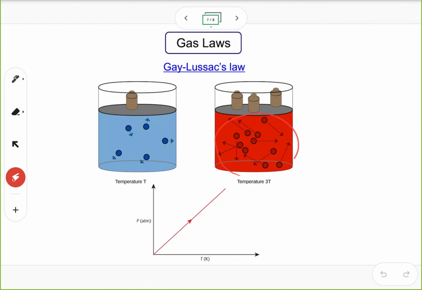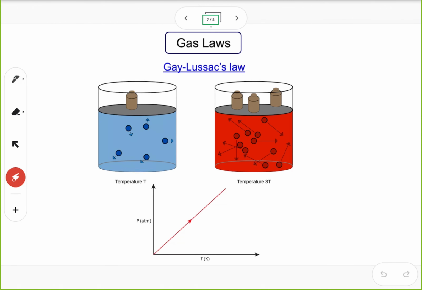If you increase the temperature 3 times, then you can support 3 weights in this case. Why is that? When you increase the temperature, those molecules will move faster, and they will have a higher kinetic energy. The molecules with higher kinetic energy, when they collide with the surface of this container, will generate a stronger collision force. That means higher pressure.